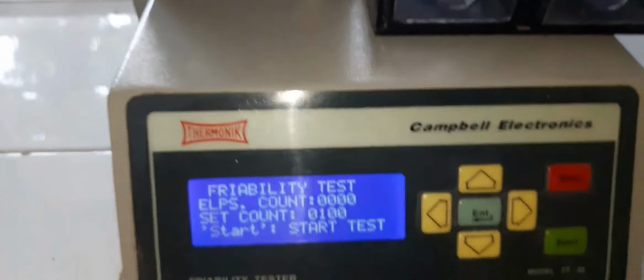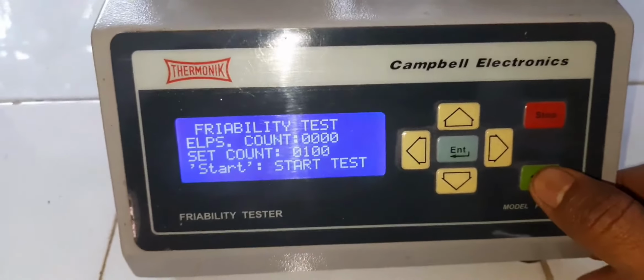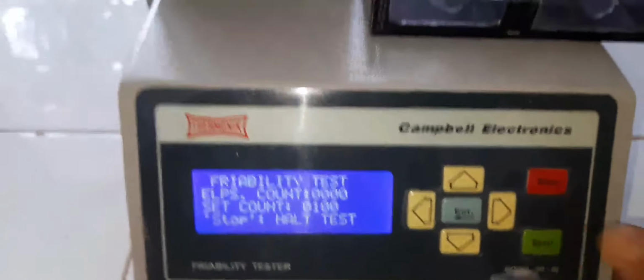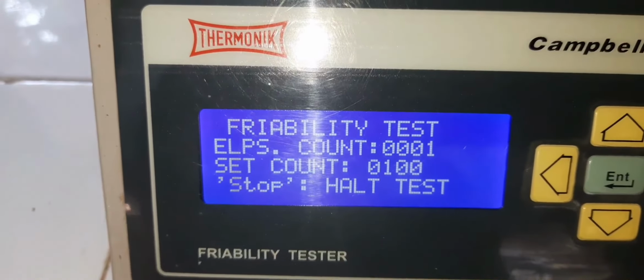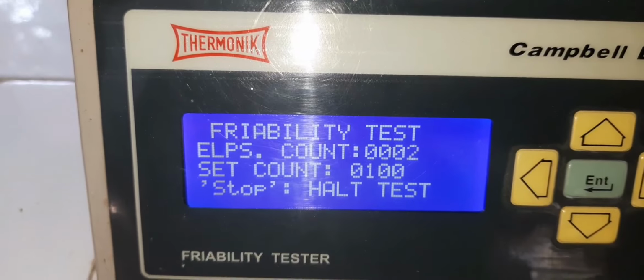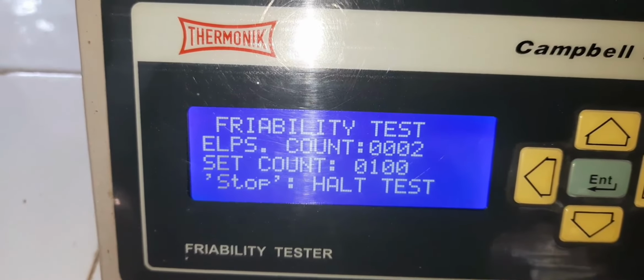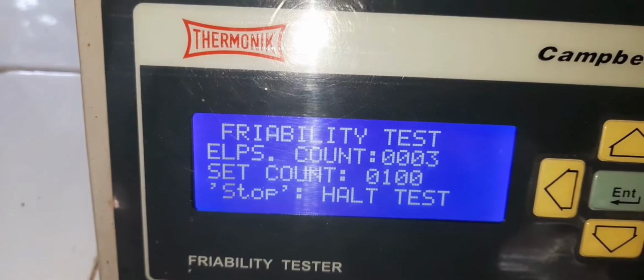Now start the friability test for about 100 counts. In this way the drum is moving.